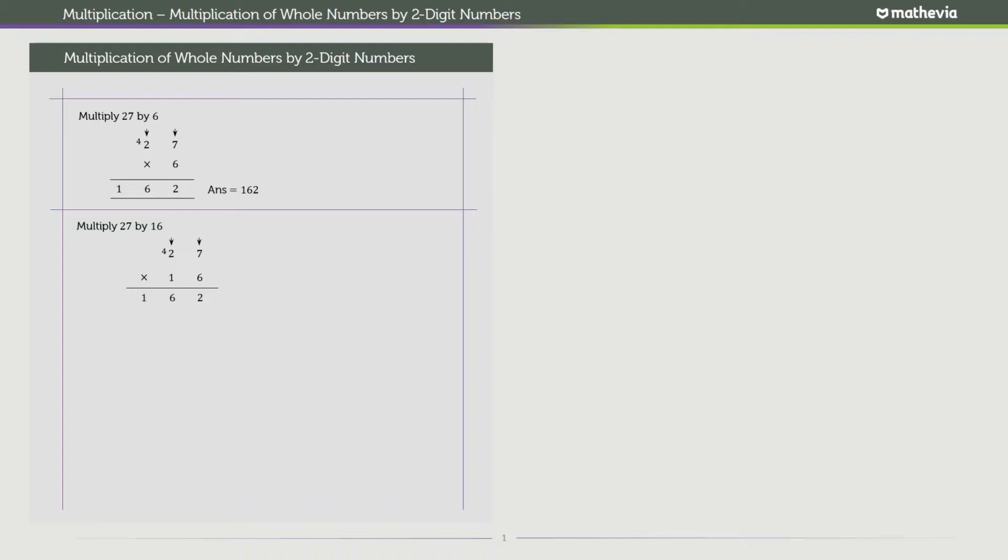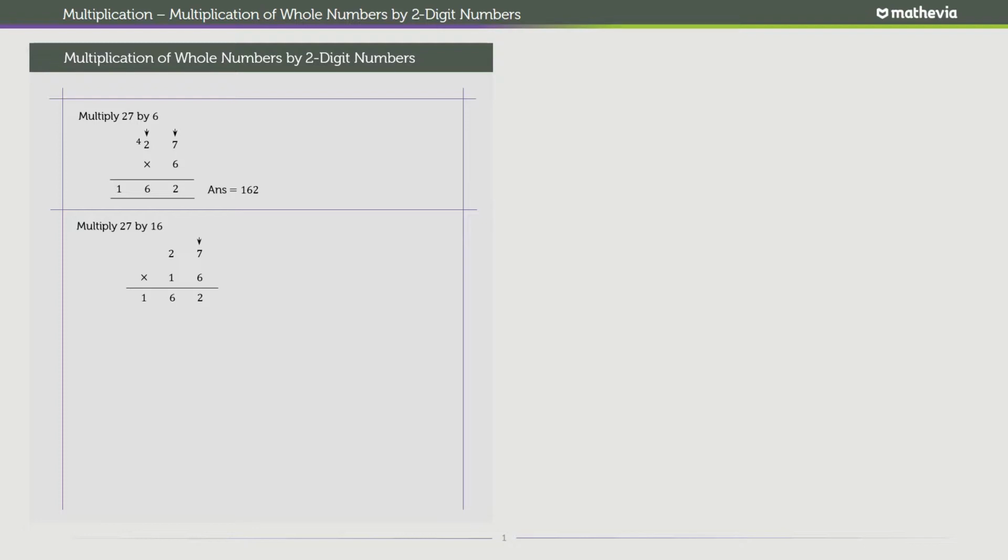Now that we're done with multiplying with 6, we're going to multiply with 1. We're just going to clear all of that information out. To multiply with 1, we start off with 7, and we say 1 times 7 gives us 7. Here's one very important bit of information that you need to take note of.